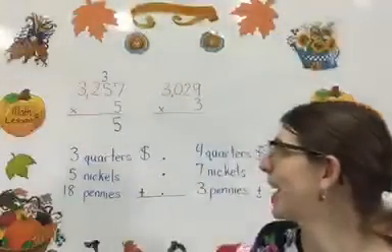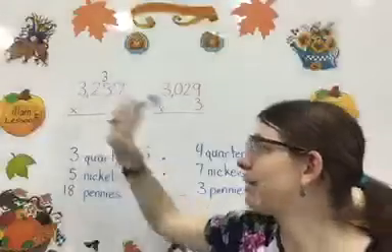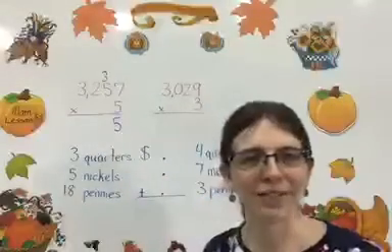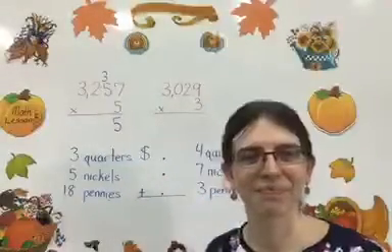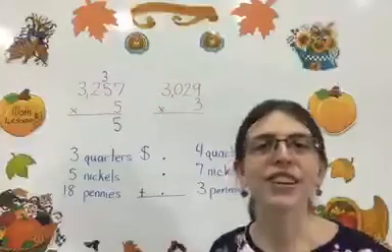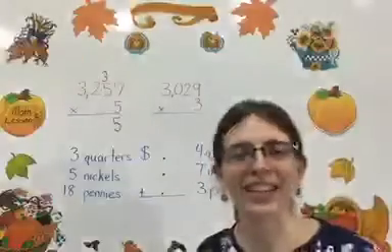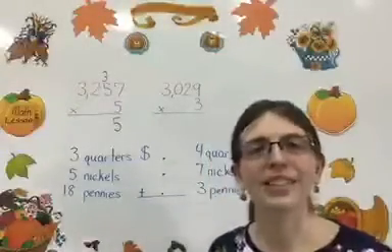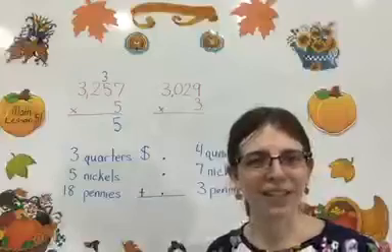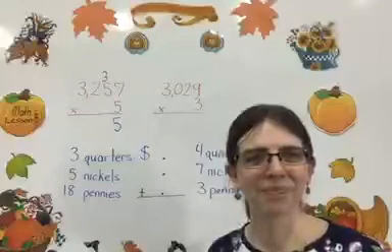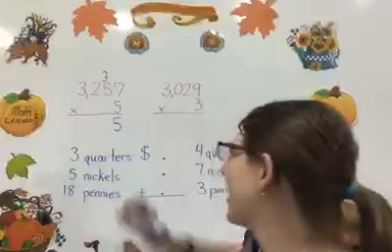Now I multiply again. 5 times 5. What is 5 times 5? 25. Very good. Then we add the number that we carried. So 25 plus 3. What is 25 plus 3? 28. Nicely done.